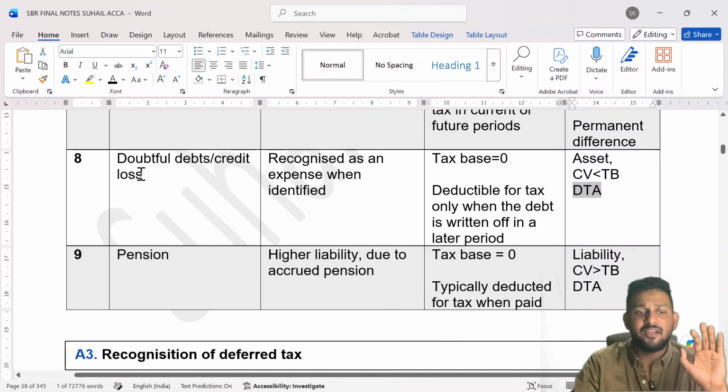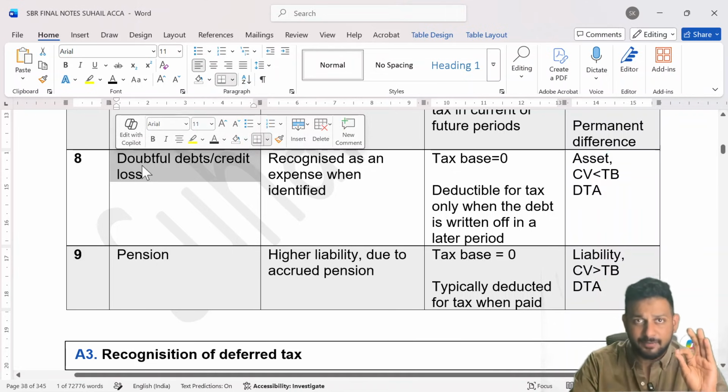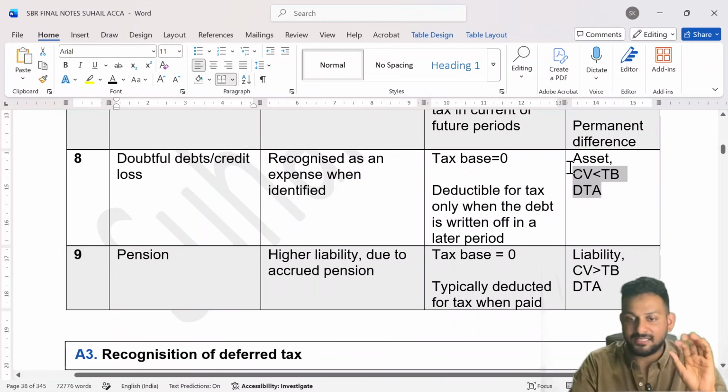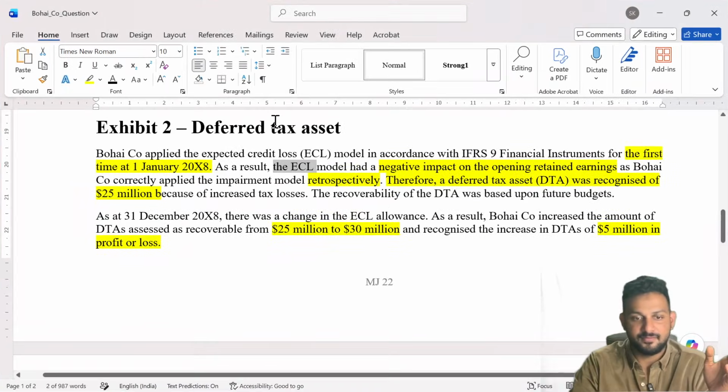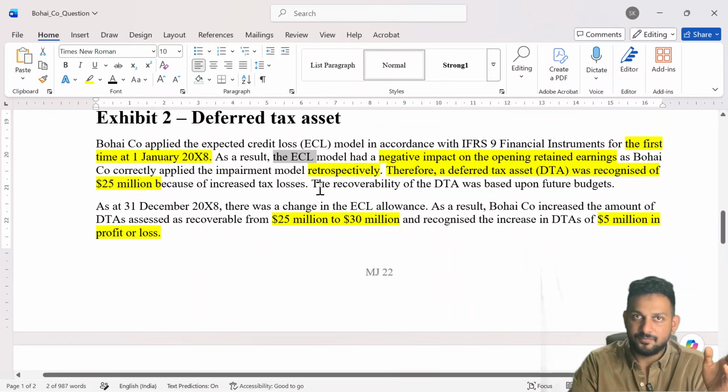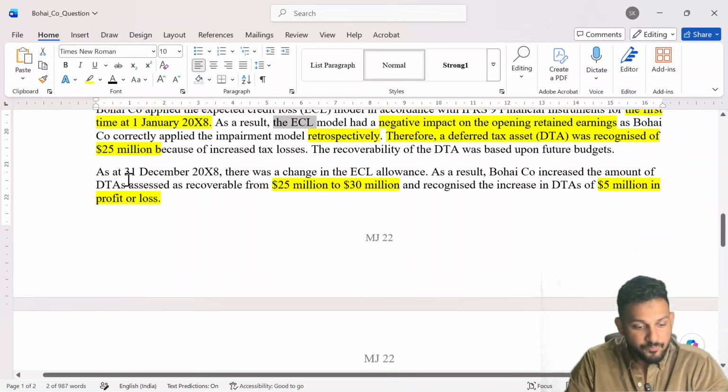So always when we are charging the expected credit loss on the financial asset, there will be a deferred tax asset. Okay, so their treatment is correct. Clear? So when there is an increase in expected credit loss, there will be a deferred tax asset. Clear?